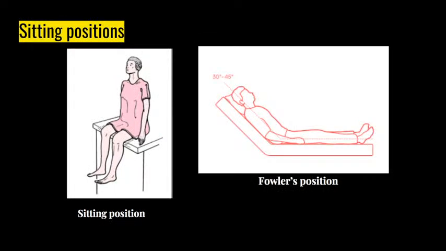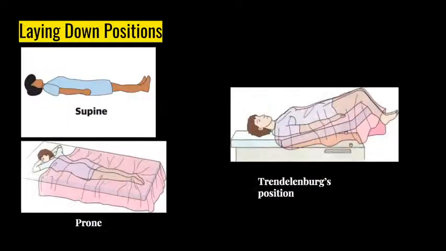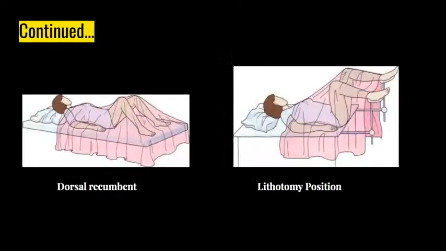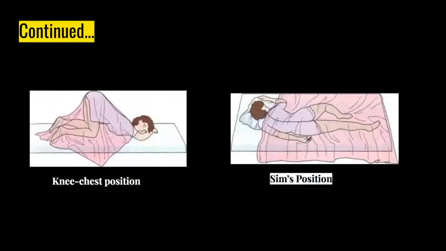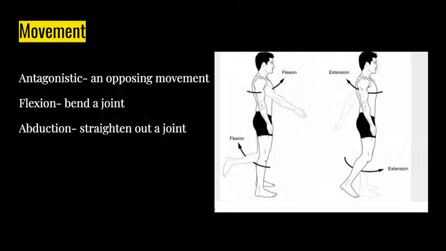We also learned different positions where doctors put their patients in: the sitting position, Fowler's position, supine, prone, Trendelenburg's position, dorsal recumbent, lithotomy position, knee-chest position, and Sims position. Then we moved on to movement, where antagonistic is an opposing movement, and flexion is bending of the joint.